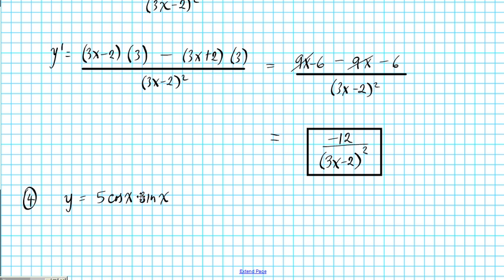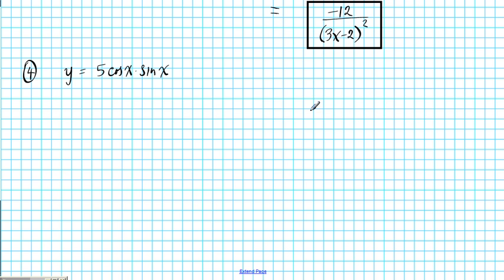In this case, we have the product of two functions, namely trigonometric functions. So we're going to be using the product rule. The product rule is going to be u v prime plus v u prime. So there goes the product rule right there.